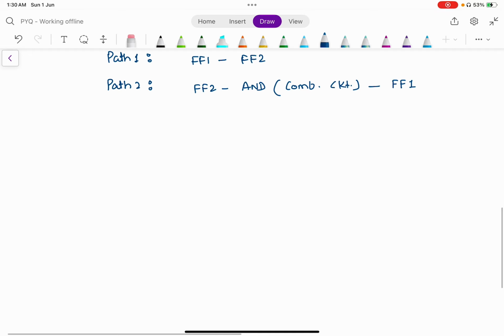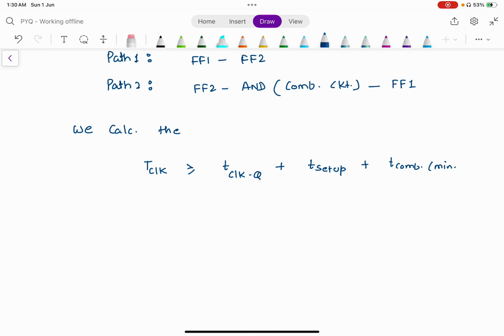Based on these two paths, we have to calculate the first: T clock should be greater than T clock to Q time plus T setup time plus T combinational circuit maximum time.